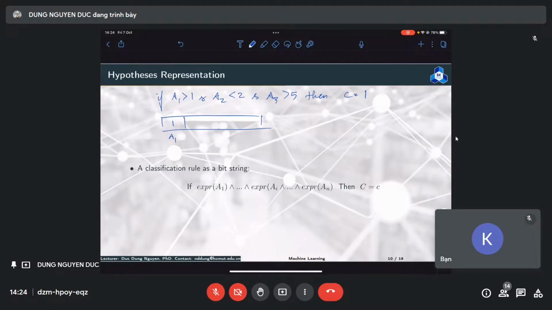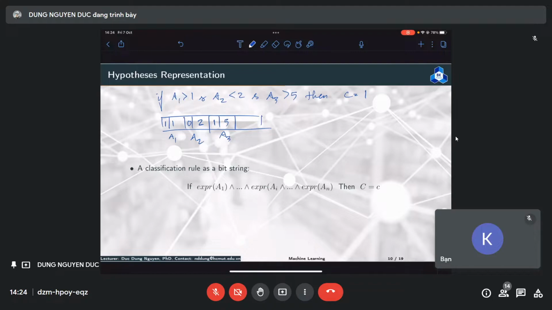Suppose that I want to represent the greater operator. I will have one here. So one means A1 greater than 1. Then for A2, I will have 0 and 2 instead. And for A3, greater, so 1 and 5.